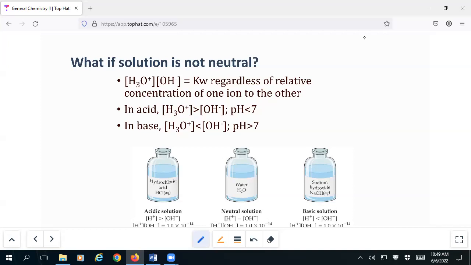If the concentration of hydronium is heavy, the hydroxide concentration is going to be light by contrast. We're going to have more hydronium, less hydroxide, and a pH to match it, being less than 7. If we go the other way, where I've got more hydroxide and less hydronium, it's going to tip the opposite way. Concentration of hydroxide is greater. That means we're going to have less hydronium. We're going to have a pH that is a higher value because it has a lower concentration.